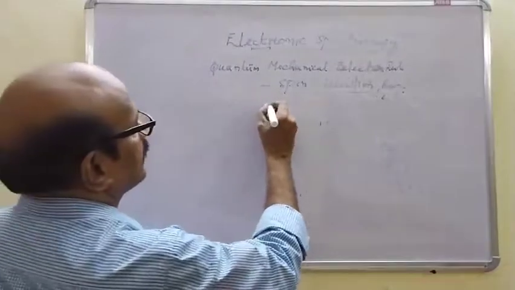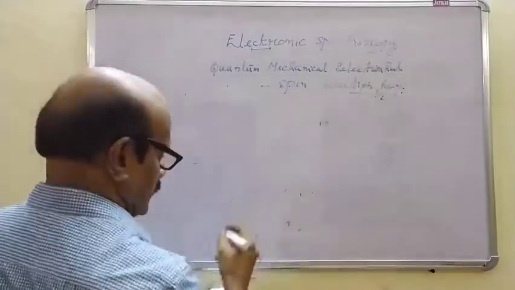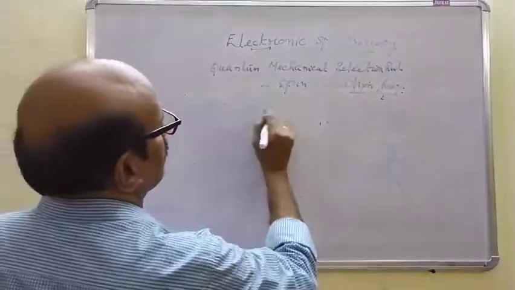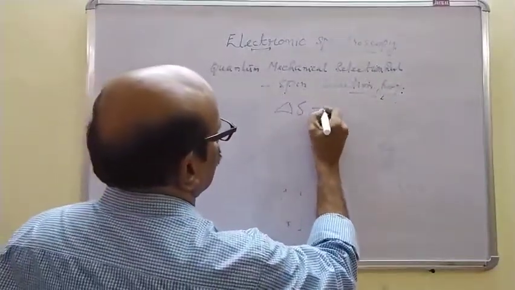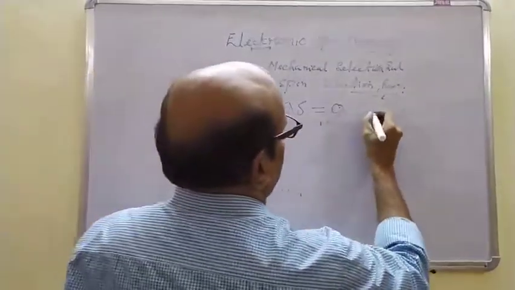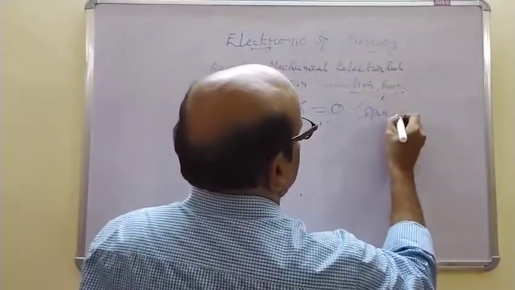That means delta S should be equal to 0. This is called a spin allowed transition.